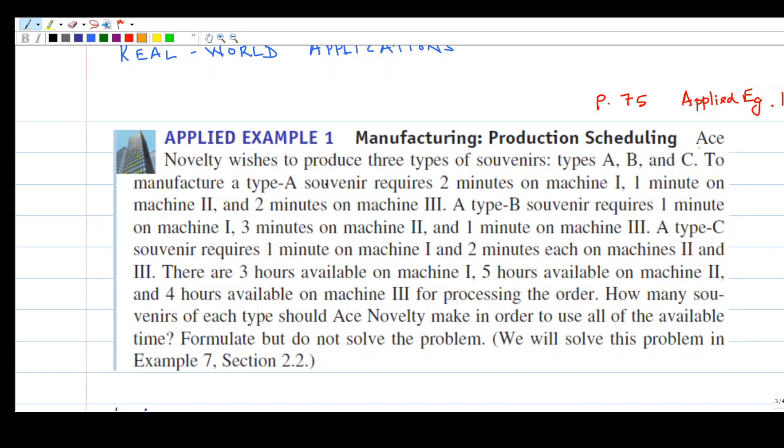So the company Ace Novelty wishes to produce 3 types of souvenirs, right?